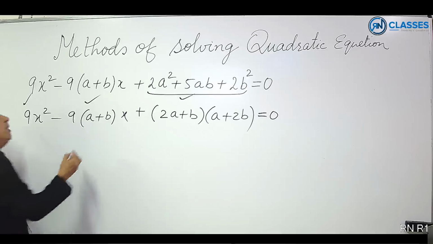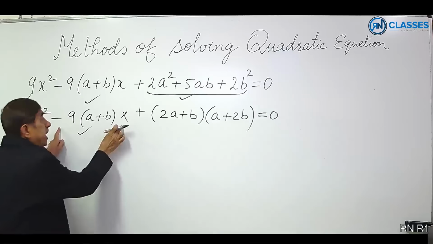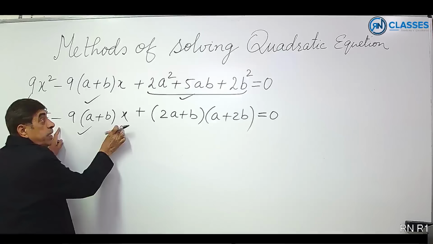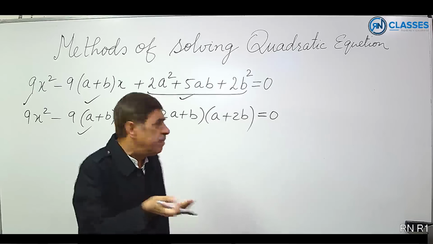Now what is my aim? My aim is to split the middle term, meaning the term containing x. इसको split करना है. अब you have already studied how to split the middle term.